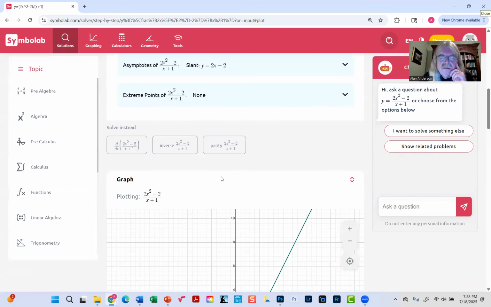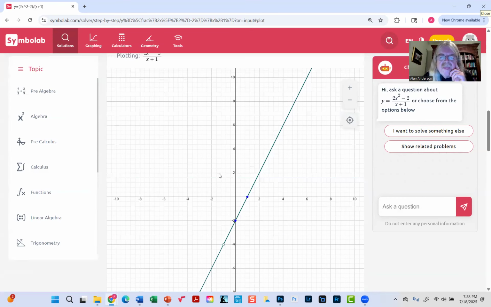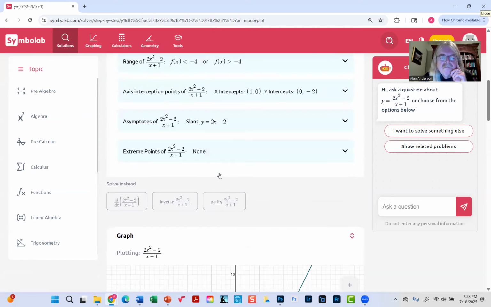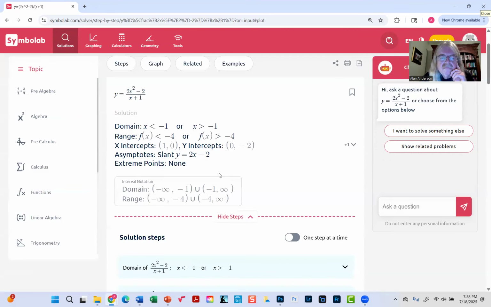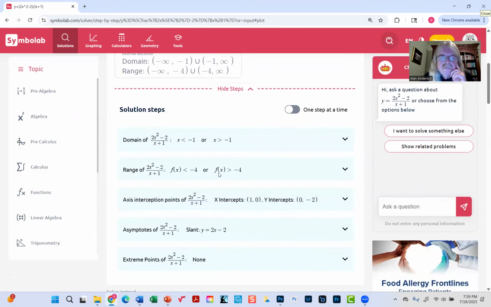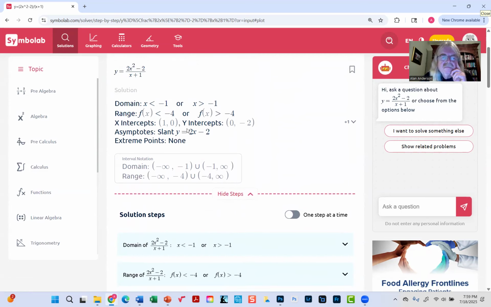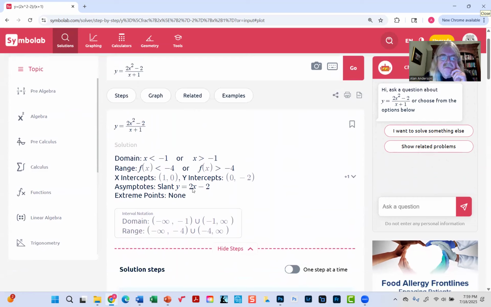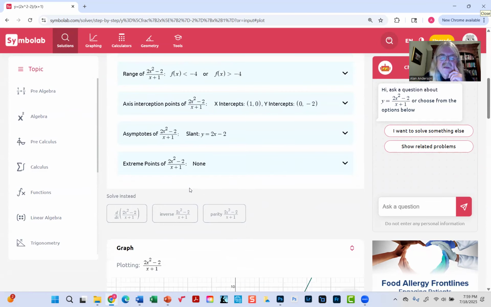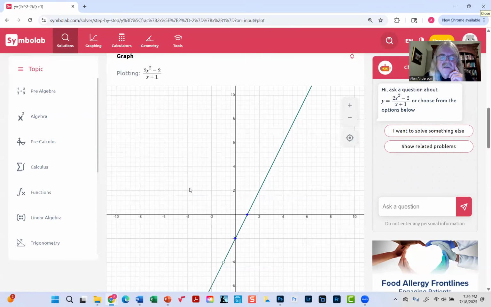Okay, now they're telling us here the domain is everything from -infinity up to -1, combined with -1 up to infinity. And the range is from -infinity up to -4, combined with -4 up to infinity.